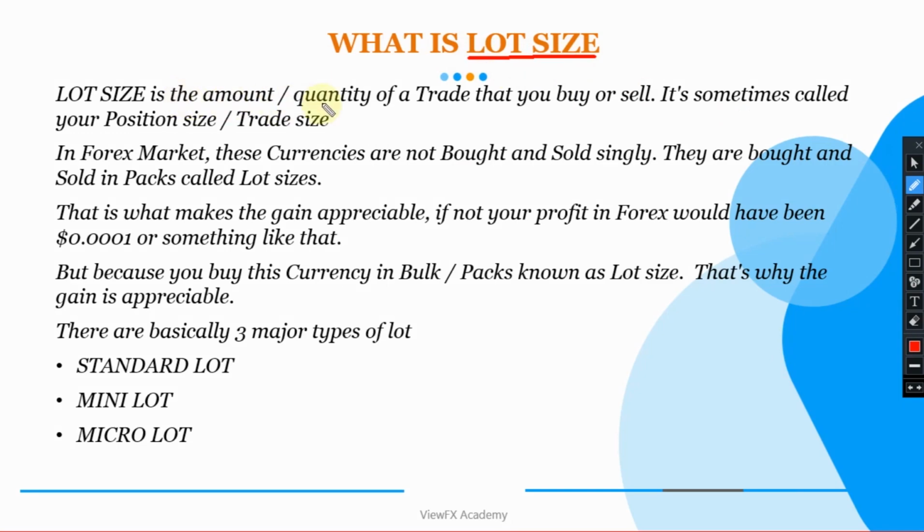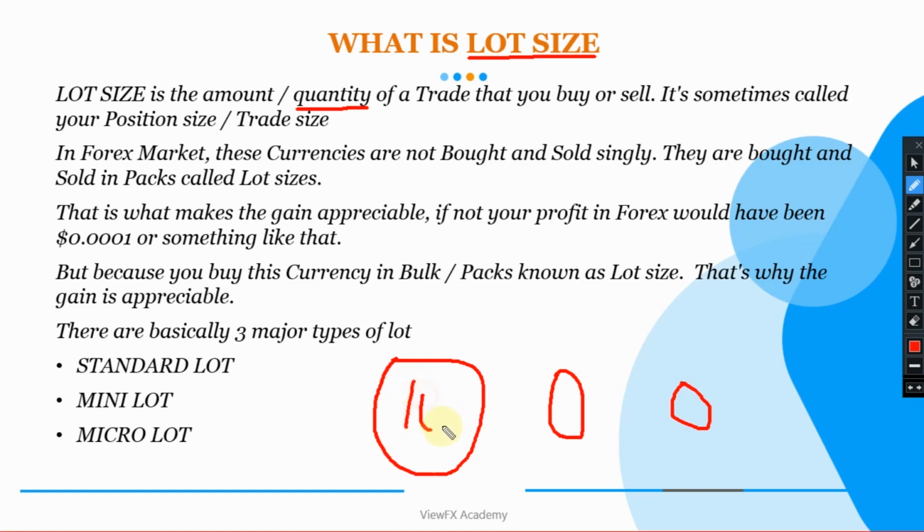So lot size is the amount or quantity of a trade that you buy or sell. You can see the word quantity. I can have something like this, something like this, and something like this. Inside here, I can have 10.